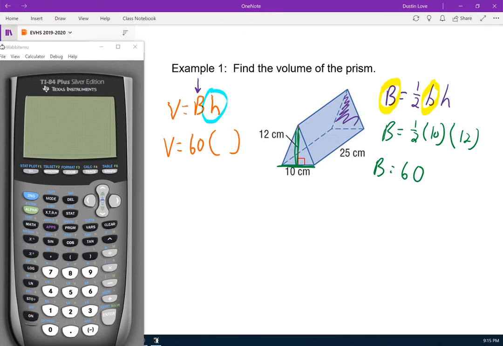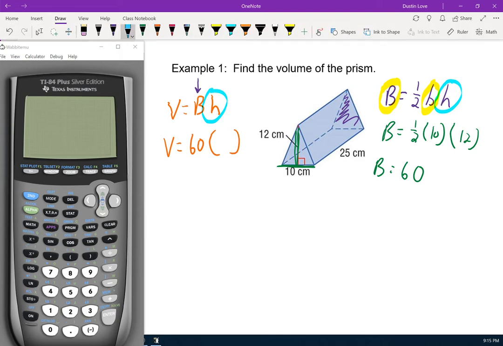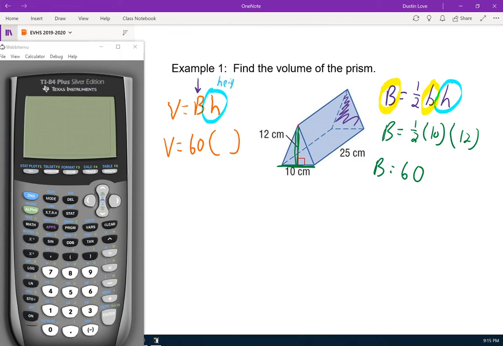We've got this H and we've got this H. Over here on the left, this is the height of the prism. Over here, this is height of the triangle. Once again, context is everything, because over here, this is all about the triangle, and so therefore the 12 has to be used. The 25 has nothing to do with the triangle.